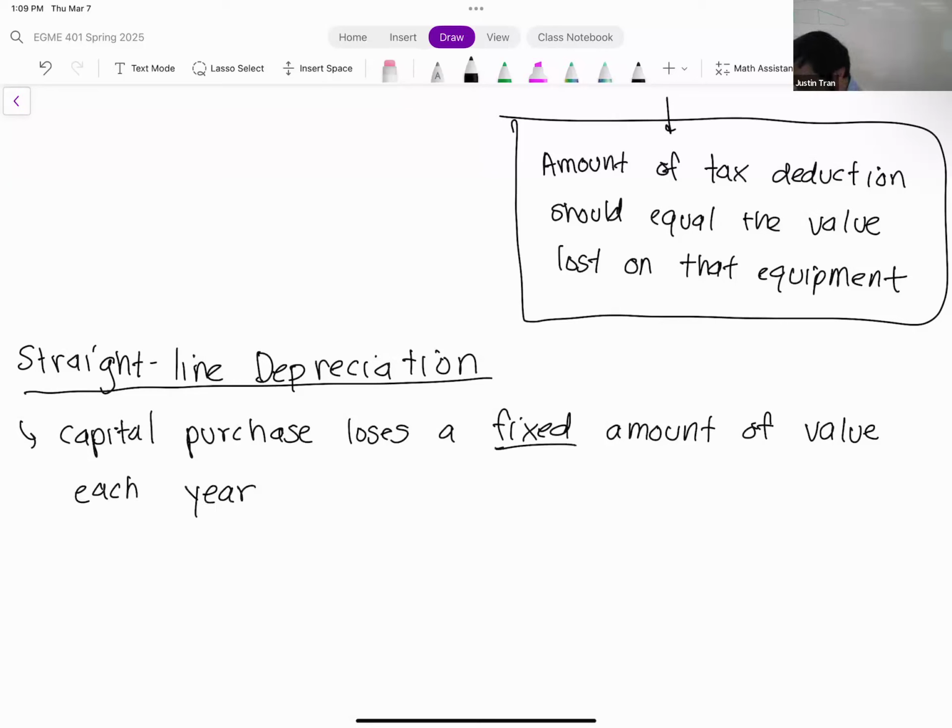So really, it's the easiest depreciation scheme to go over just because that amount is the same. It's our launching point to some of the more complex ones.